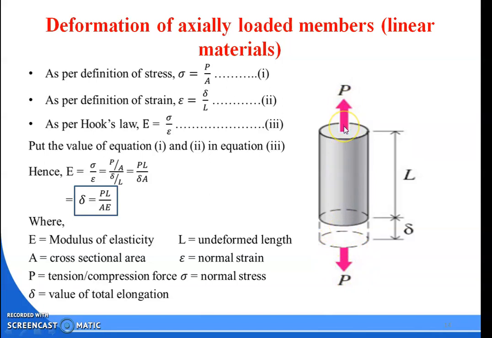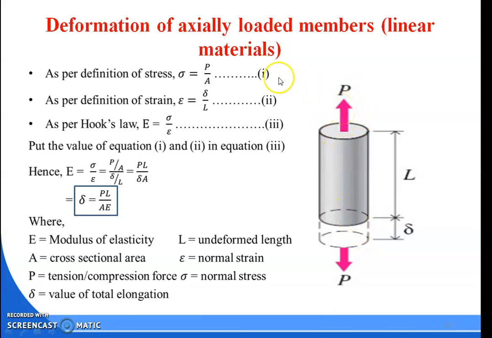Due to the tensile load, the body is stretched out up to this much. The original shape of the body is up to this much, and then due to the loading it is stretched out up to this much. That means the length is increased by this much, which is known as delta. This is the extra length stretched by the tensile load.